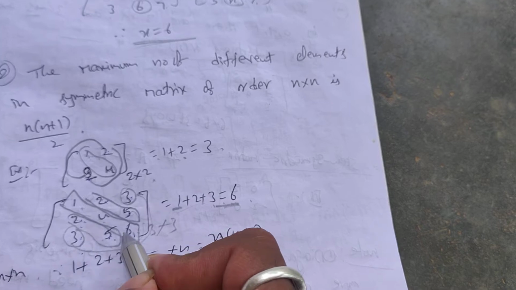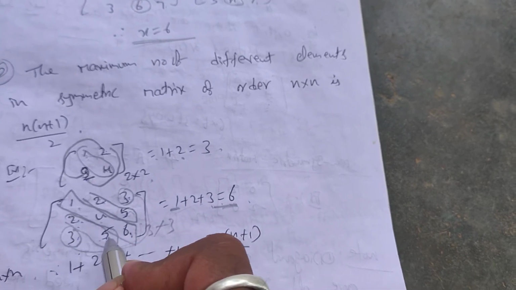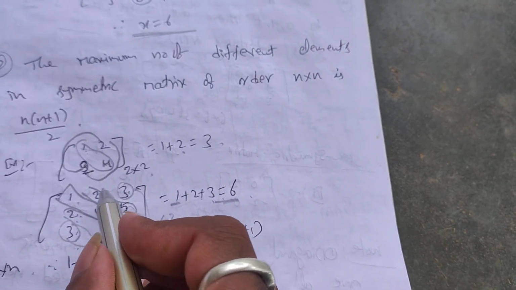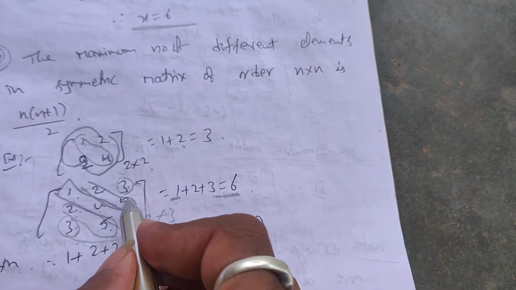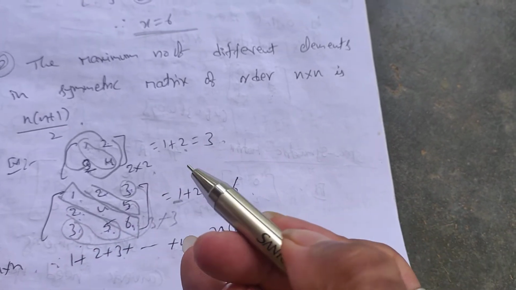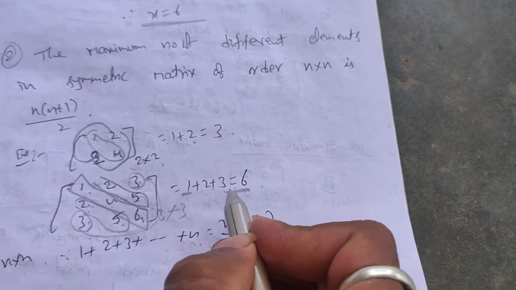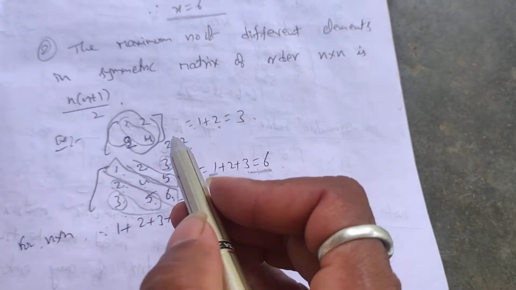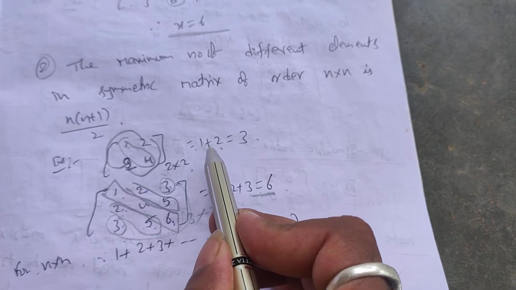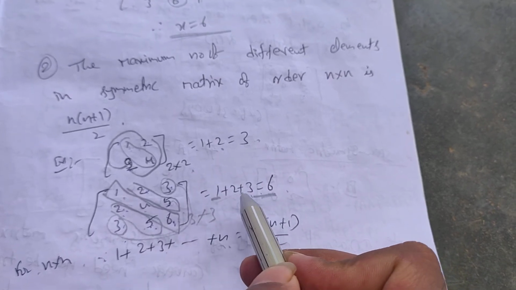So 1 plus 2 plus 3, that is equal to 6. Similarly, if it is 2 by 2, you get 1 plus 2. If it is 3 by 3, you get 1 plus 2 plus 3.